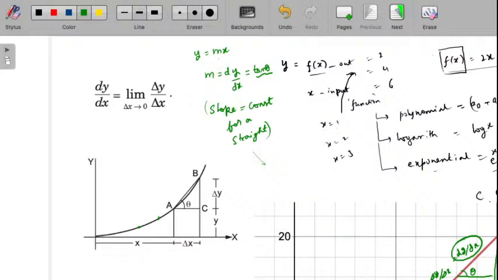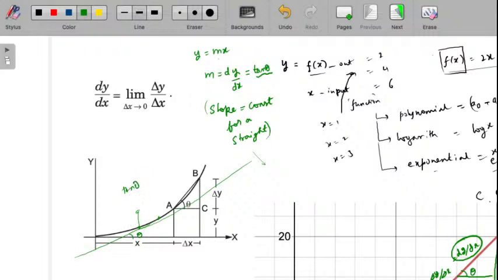So one way to get the value of the slope for a polynomial function is to draw the tangent at that given point. When the tangent intersects the x-axis at a particular angle, that would be the theta of this particular point. The tan of this angle theta would be the slope at this particular point.